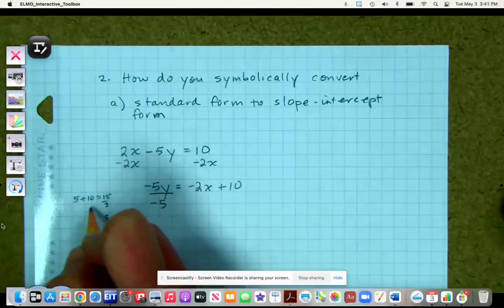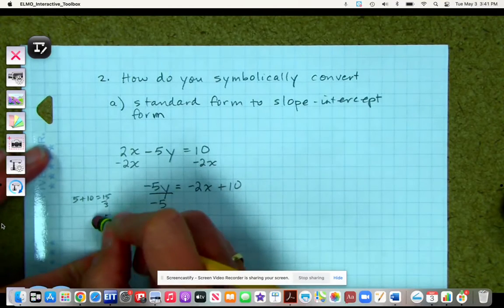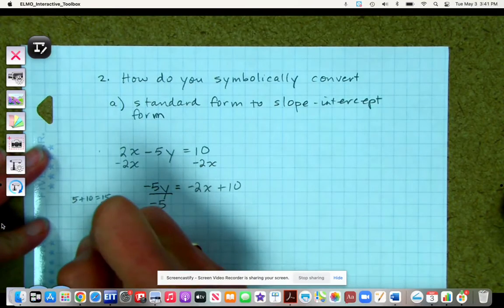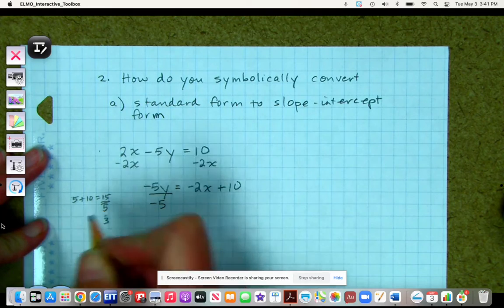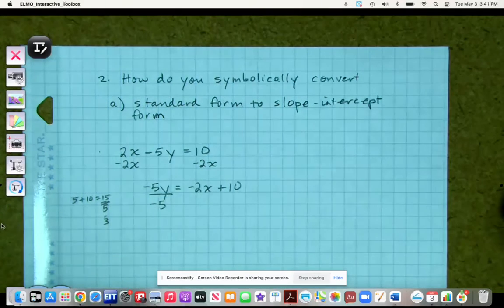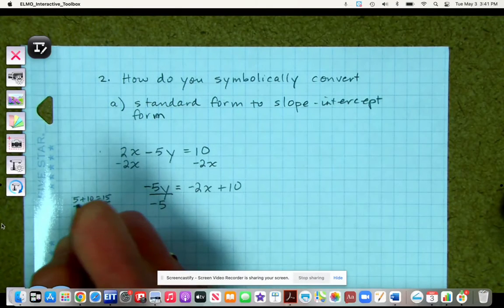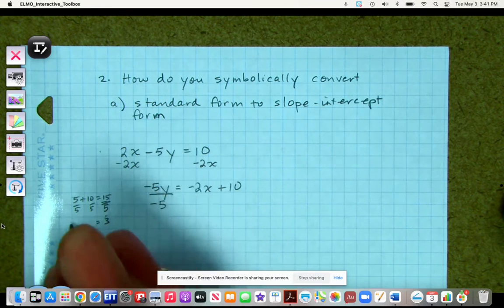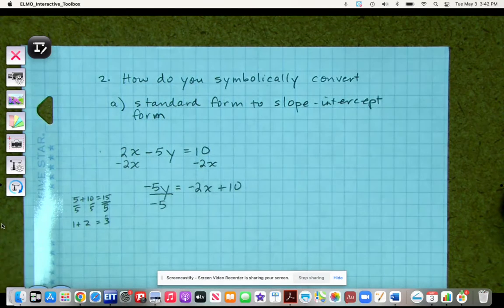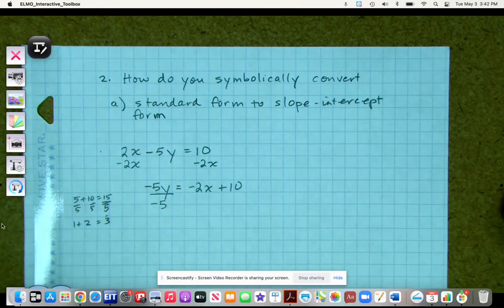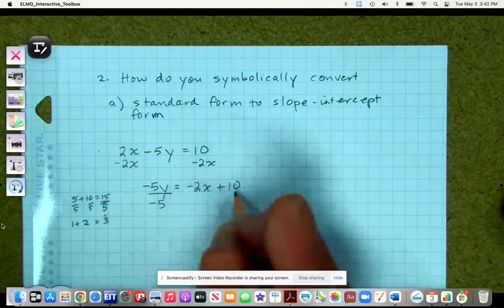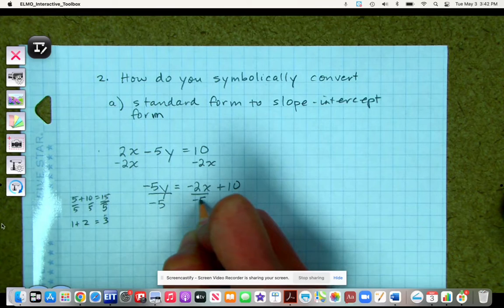Well, what should I divide? Pick another number. If I divide this side by 5, this is going to be 3. Which of these should I divide by 5 so it still equals 3? Well, I'd actually have to divide both of these things by 5. So when you're working with equations, if you decide to multiply or divide, you actually have to divide each of the terms or multiply each of the terms. So I'm going to divide both of these things by negative 5.